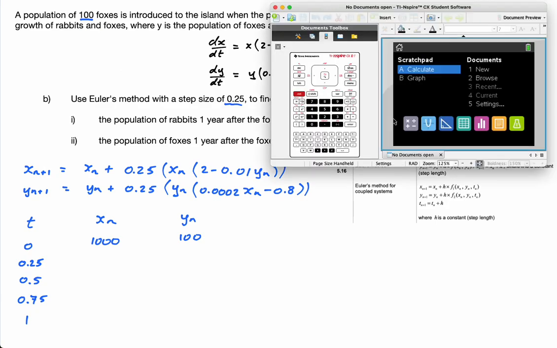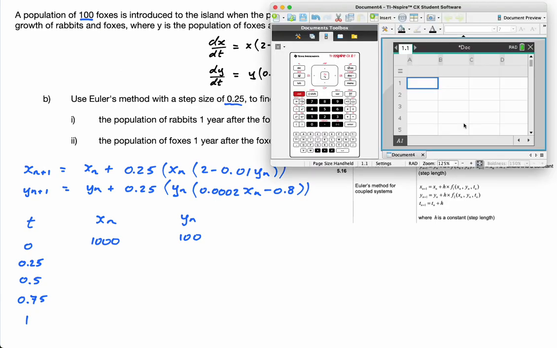So here, I'm going to go into my spreadsheet. Now guys, this is the bit that takes time. There's your t, xn, yn. This is my 0, 0.25, 0.5, 0.75, and 1. Our x0 is 1,000 and our y0 is 100.